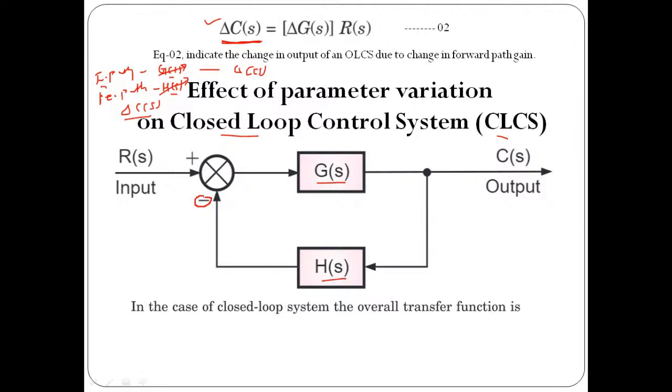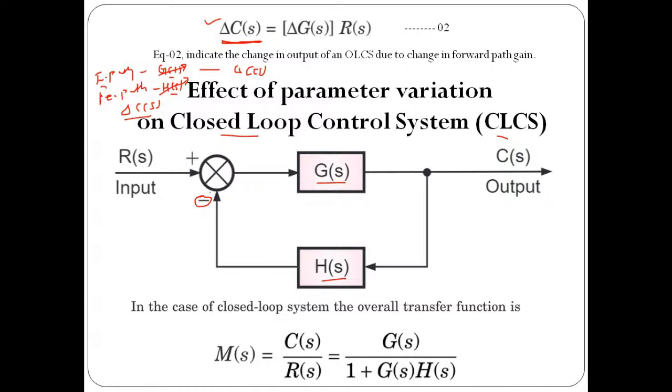You may take positive also, but for reference I have taken negative feedback. So the overall transfer function, indicated by M(s), is C(s) divided by R(s), which is G(s) upon 1 plus G(s) into H(s).